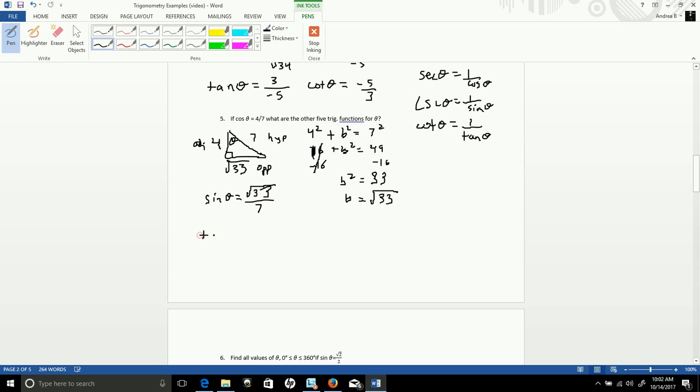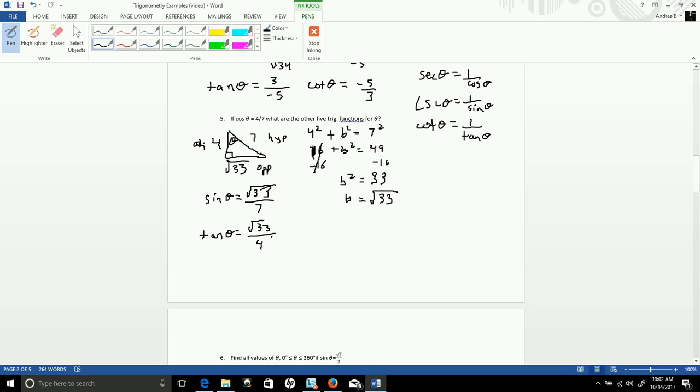And then for the tangent, we have opposite, which is the square root of 33. So don't get used to them all being in the same spot every time. You always have to label which one's opposite, which is adjacent, and which is hypotenuse, so that we get these correct.